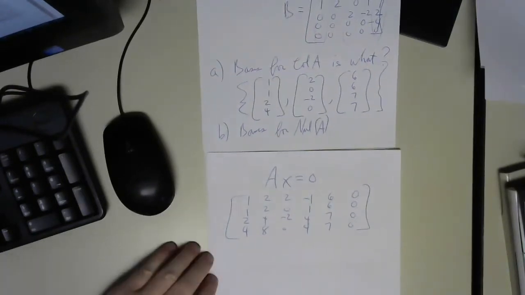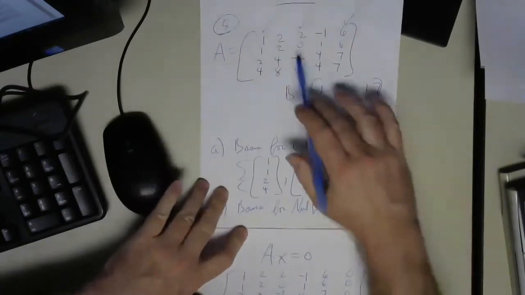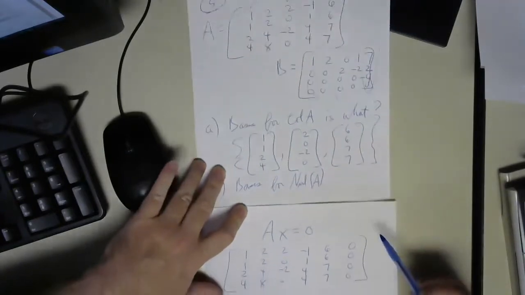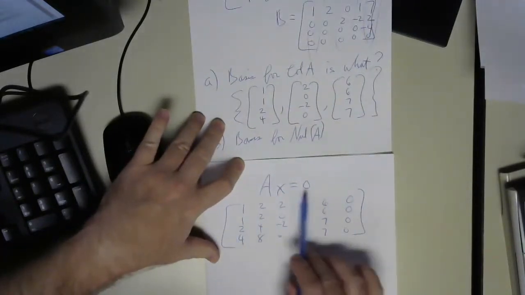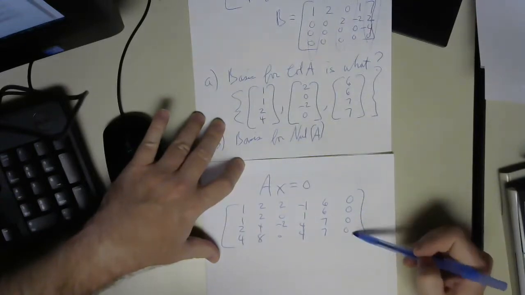Now, they tell us in the problem that B is row equivalent to A. So they got to B by doing just a bunch of row operations to A. But notice we can do exactly the same row operations to this augmented matrix, and it's not going to change anything in this last column because they're all zeros anyway.